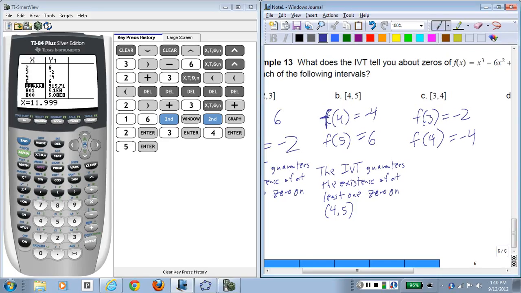But the intermediate value theorem gives no information about the existence of zeros on the open interval from 3 to 4.